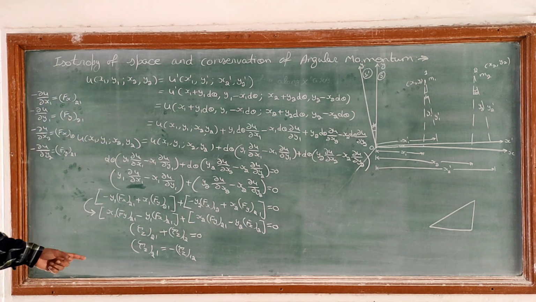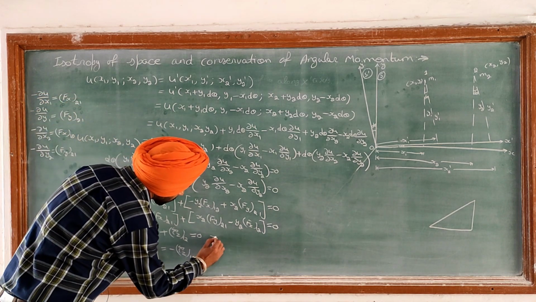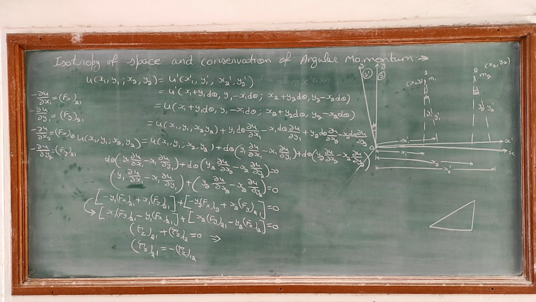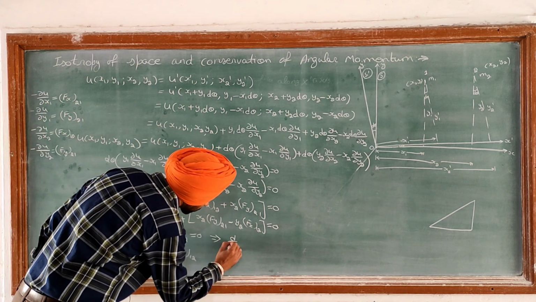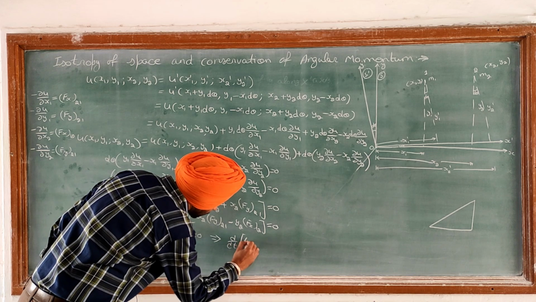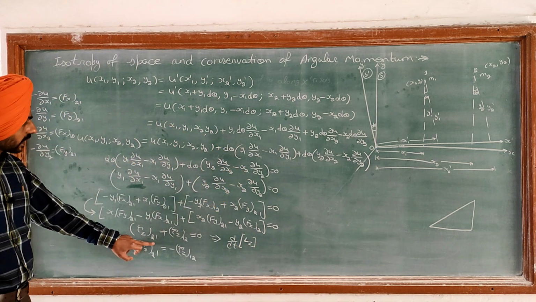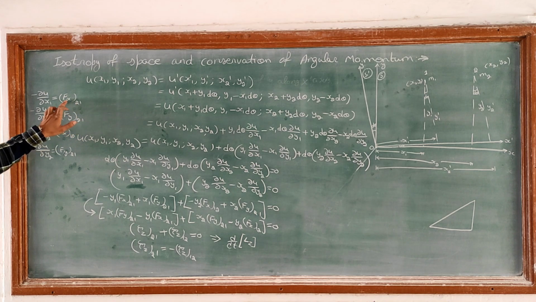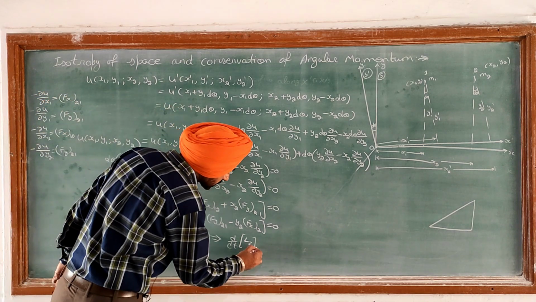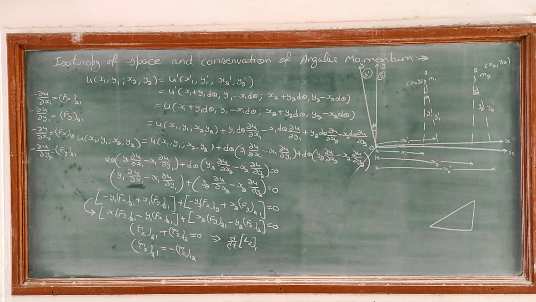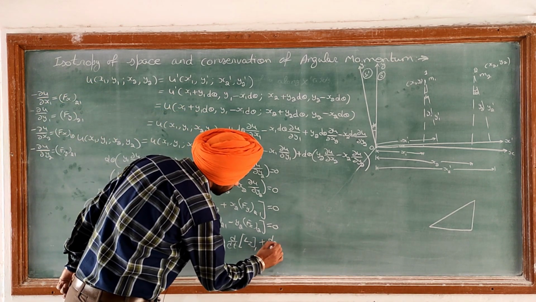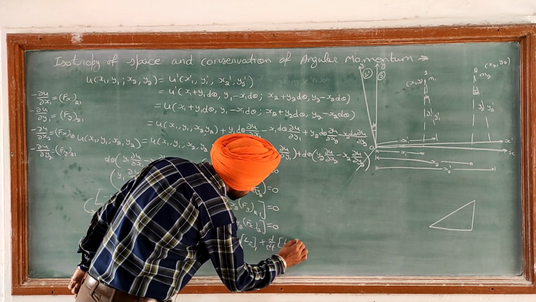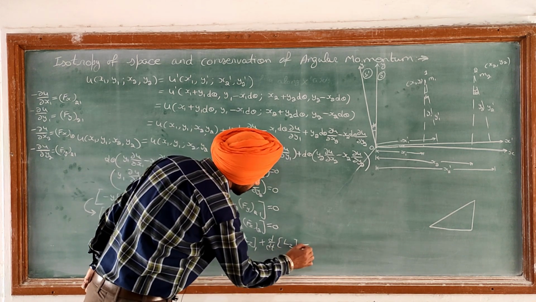So I will rewrite this expression as d by dt Lz1, the angular momentum of particle 1, where z stands for its z component, plus d by dt Lz2, corresponding to the second particle, is equal to 0.